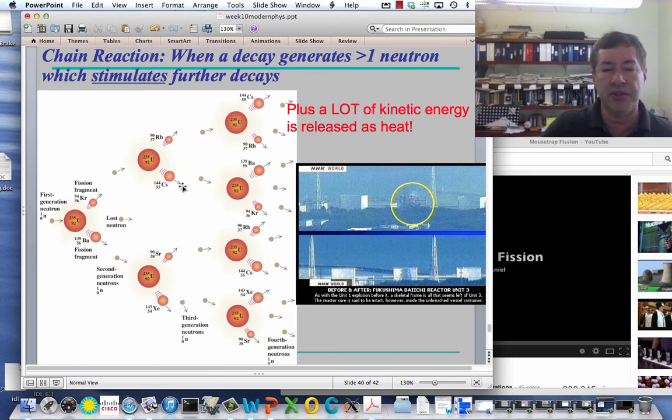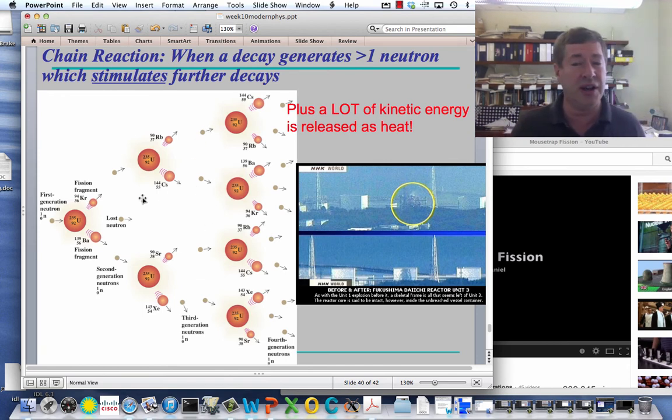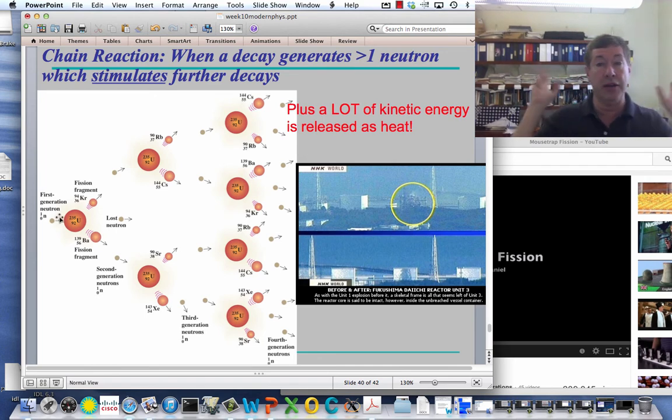And you can add this up. There's all these different probabilities, or you can measure it, but it looks like the yield of neutrons here is like between 2 and 3 times the original neutrons coming in. In other words, we have a neutron multiplier going on here. Every 1 neutron that comes in produces 2 or 3 neutrons in the next generation, each one of which, or many of which, will cause yet more radioactive decays.